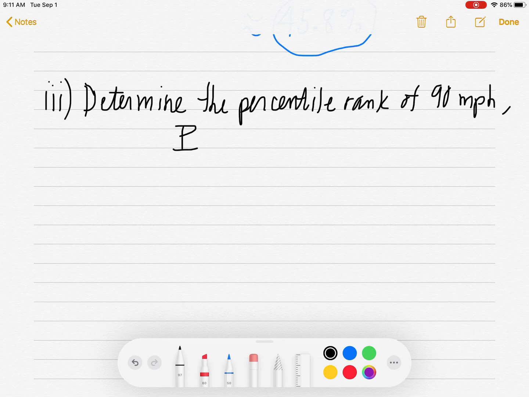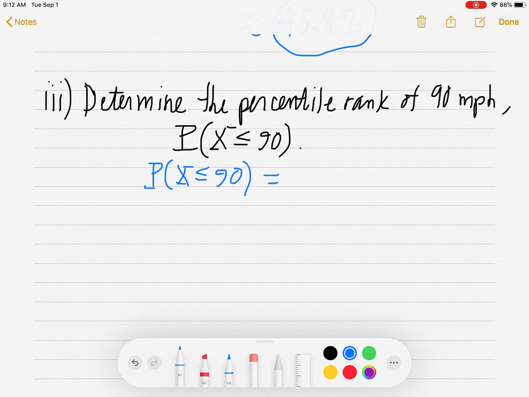In other words, you see it written this way sometimes: the percentage of X values, data values, less than or equal to 90. All right, so the formula. We're going to use blue. The percentage of X values less than or equal to 90 is equal to K plus 0.5 times F, divided by N, multiplied by 100 with a percentage sign.